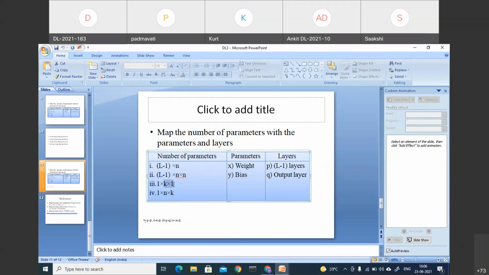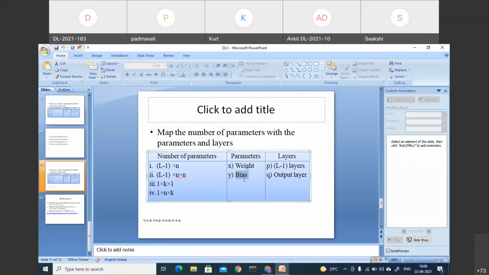If I need to map this k cross 1 with respect to weight, that is not possible, because each hidden layer has an equal number of neurons, that is n, and only the last layer, the output layer, has k neurons. So k cross 1 here will not be a weight matrix, which is not possible actually. So it will be a bias parameter only.